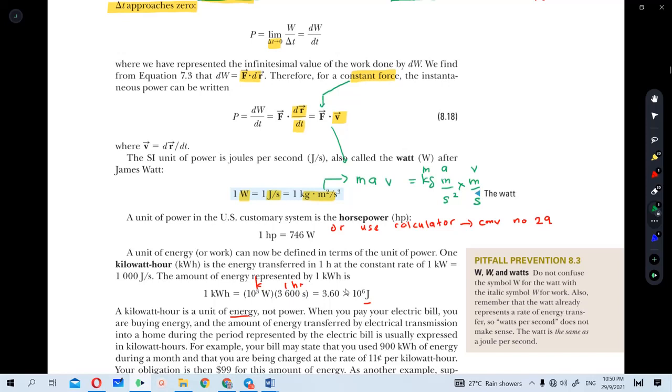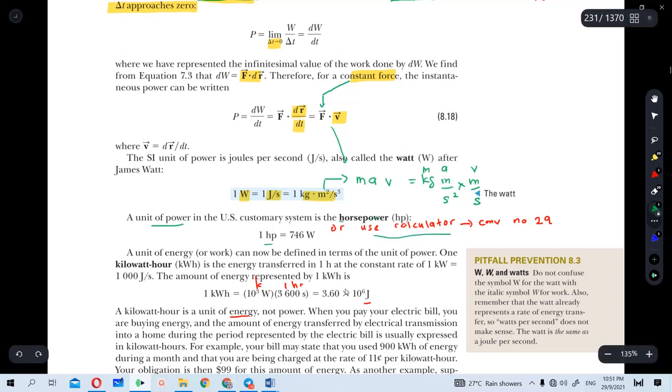Alright, now we are going to do a conversion of what we call horsepower. It turns out that some countries use another unit, called HP, horsepower. You can either memorize that 1 horsepower is equivalent to 746 watts, or just go to your calculator.